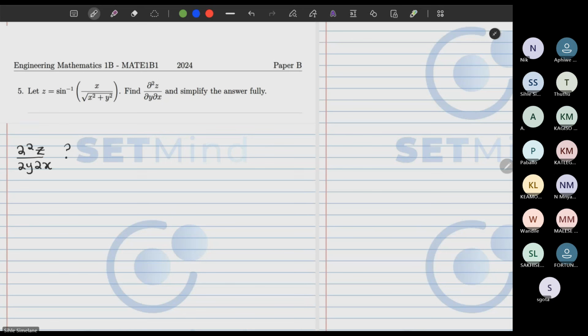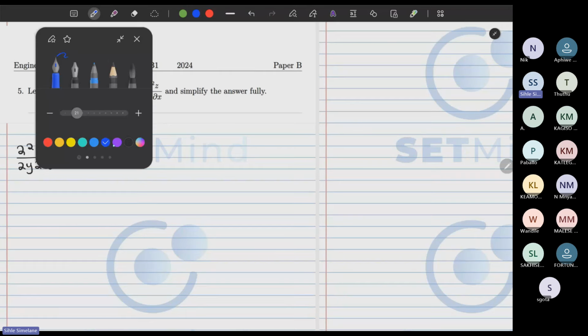Yep, that is correct. So what we need to do is find our derivative in terms of x and then find it again in terms of y. So that is what you need to understand.